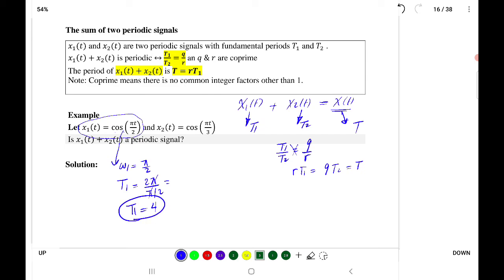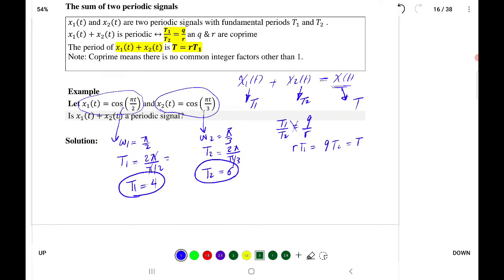Okay, I got the period of the first signal. Now I'll go for the second signal, x2. Omega 2 is pi over 3. So T2, the period of the second signal, is equal to 2 pi over omega 2, which is pi over 3. Pi cancels pi, 3 goes up, multiply by 2 will be 6. So T2 is equal to 6.